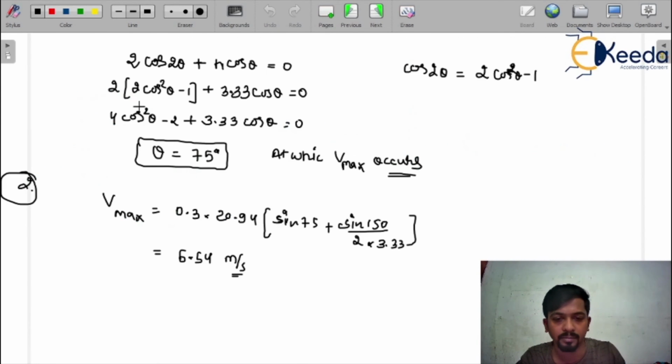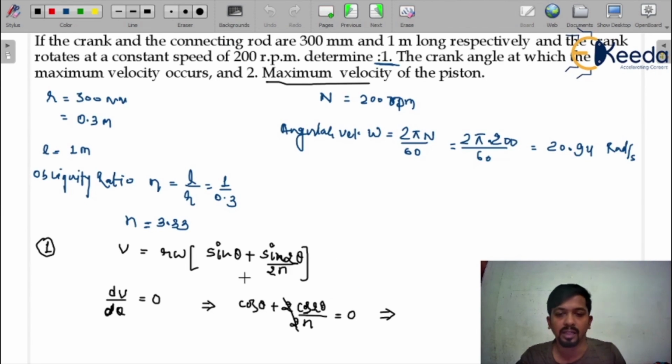I think I made a mistake here, so this is sin 2 theta by 2n.